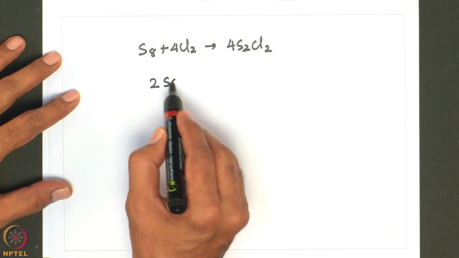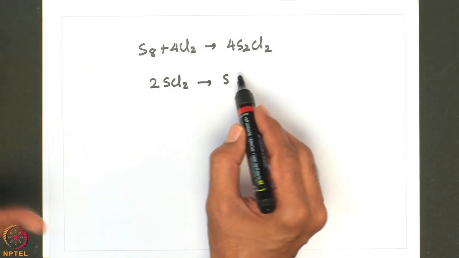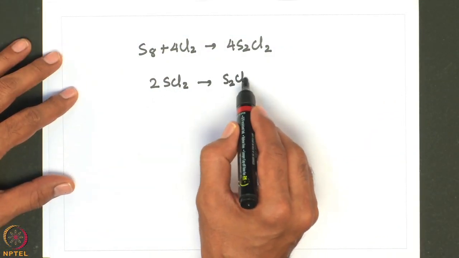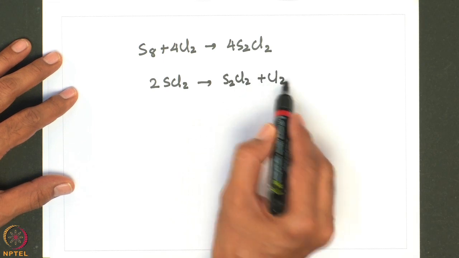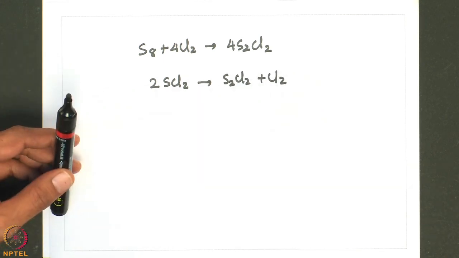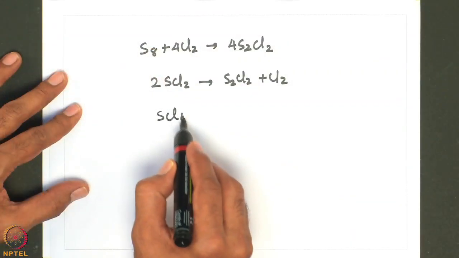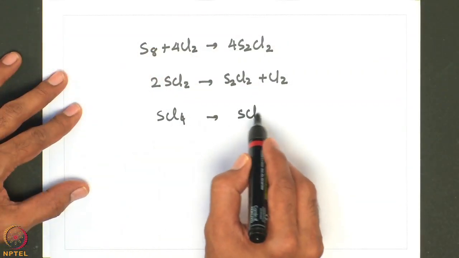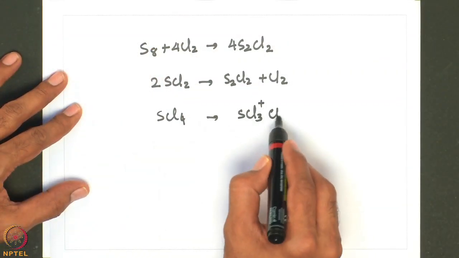For example, SCl2 disproportionates to give S2Cl2 plus Cl2. Sulfur 4 halides are restricted only to SF4 and SCl4, and in solid state SCl4 is thought to exist in ionic form, such as SCl3 plus and Cl minus.